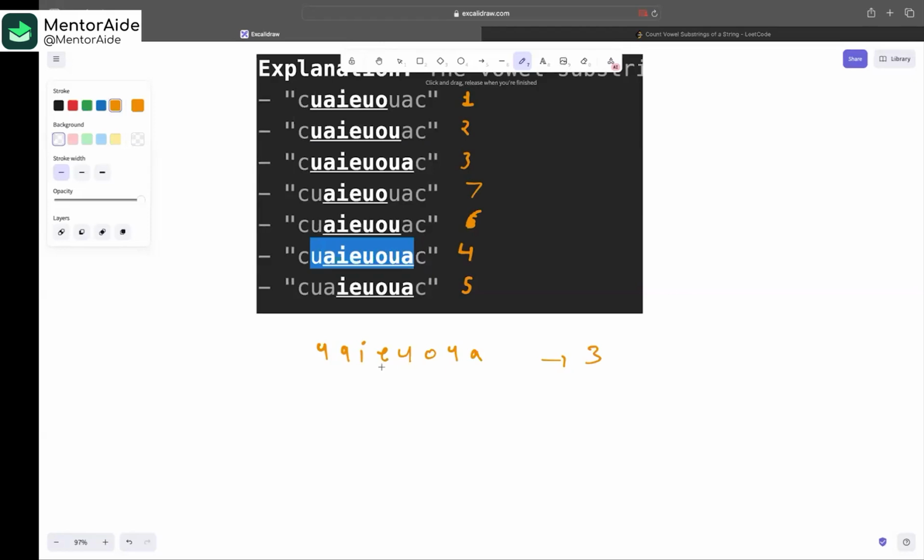Shrink from start. That means cut U. So the new string will be what? A, I, E, U, O. Also, whenever the explanation is given in the example, it does not mean the answer is coming out in that sequence. They are just giving you the explanation. That does not mean that the order would be that way. This is the fourth one.